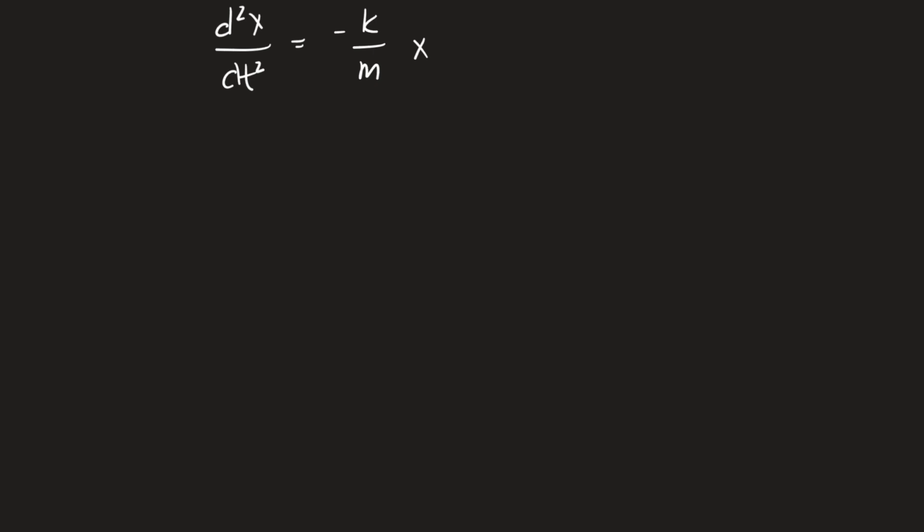Now, this might not seem like something you can understand, but I think you can understand it better than you think. Remember, out there somewhere is x as a function of t. It exists out there. Just like first semester, we had an x as a function of t.